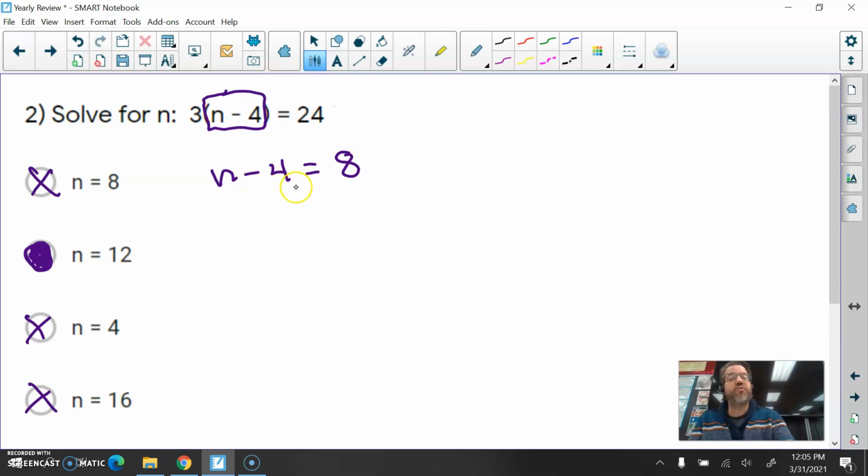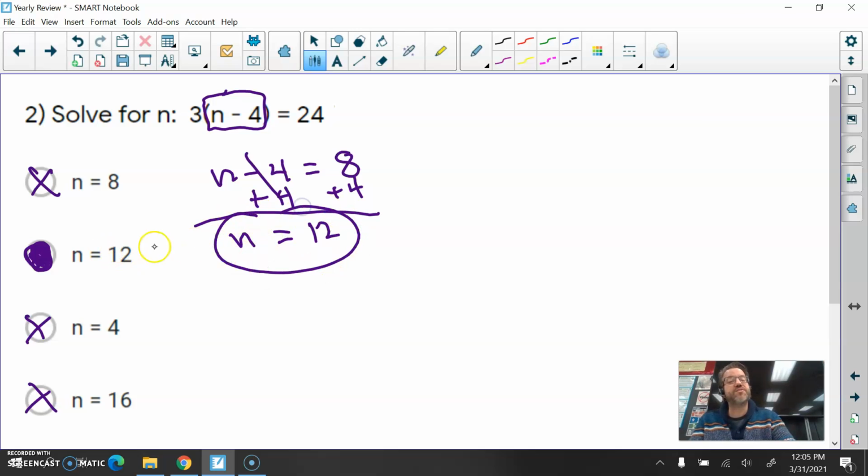So n minus 4 has to equal 8. Well, now you just have a one-step equation. Just add 4 here, add 4 here. We always use inverse operations. Adding will undo subtracting. And n then equals 8 plus 4, which is 12.